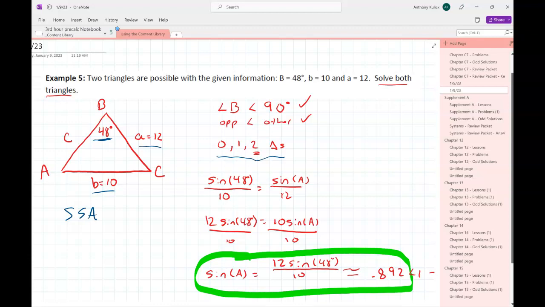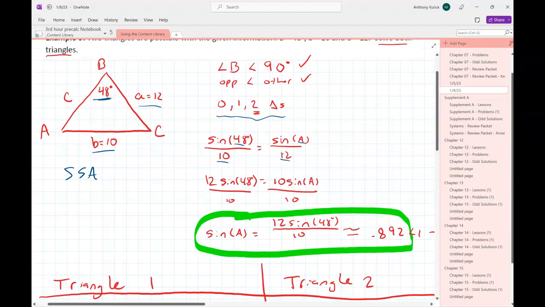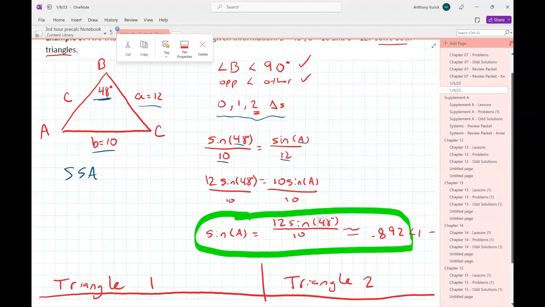To figure that out, I'm going to set up my law of sines. So I did sine B over b equals sine A over a. That's cap B, little b, cap A, little a. I went ahead and cross-multiplied to solve the proportion, and then divided by the 10 to get sine A by itself.